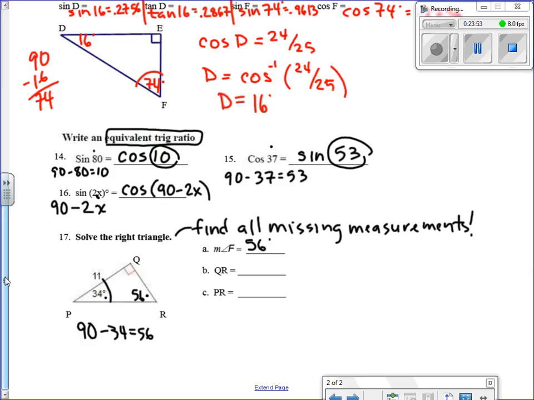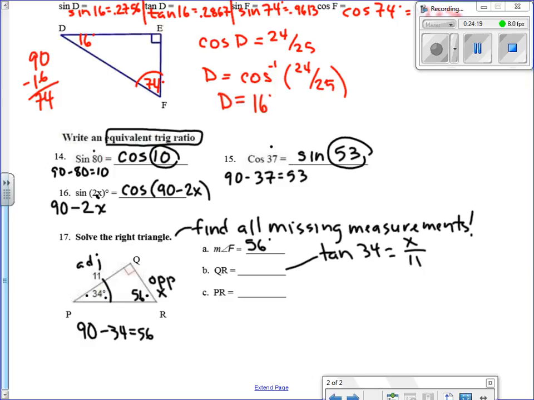And then it says find the length of QR. So I'm just going to use this angle right here. So QR would be the opposite side, and this would be the adjacent side. So I'm going to do a tangent function. So the tangent of 34 degrees equals the length of the opposite side, which is my unknown, x, divided by the length of the adjacent side, which is 11.